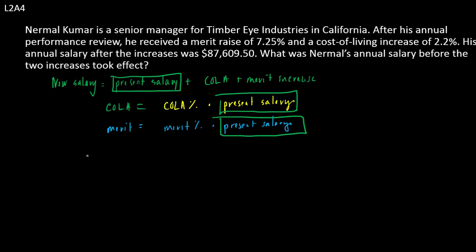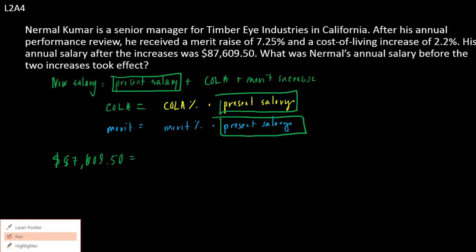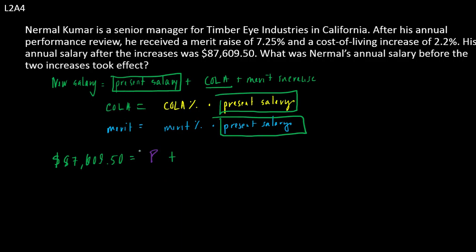So plugging in what we know, the new salary is $87,609.50. I don't know the present salary, and rather than writing it out again, I'm just going to put a P. So there's my present salary. So P plus COLA. What is my cost of living adjustment? Well, I do know my cost of living adjustment percent.